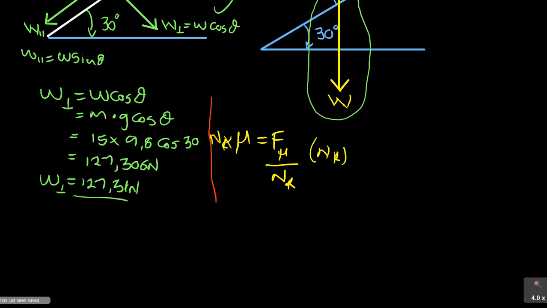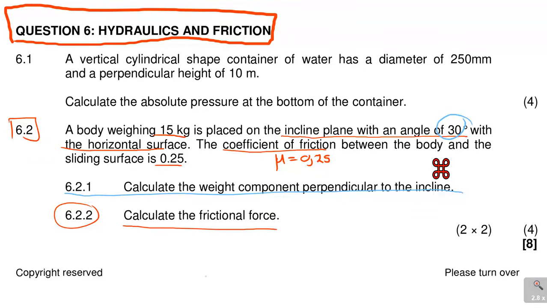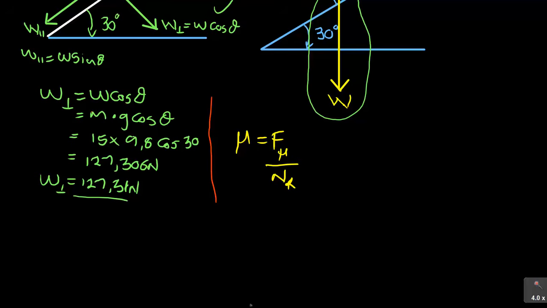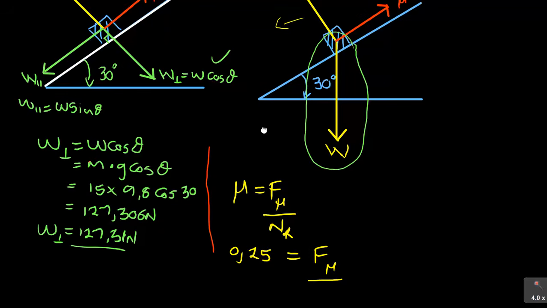Or if you want, you can substitute the values first, and then simplify later. They told us that the coefficient of friction is 0.25, that is our mu. So I can come here and say 0.25 is equal to F mu over NR.